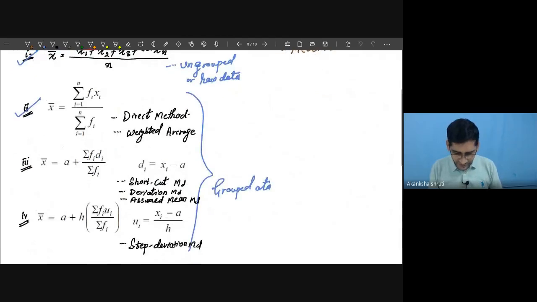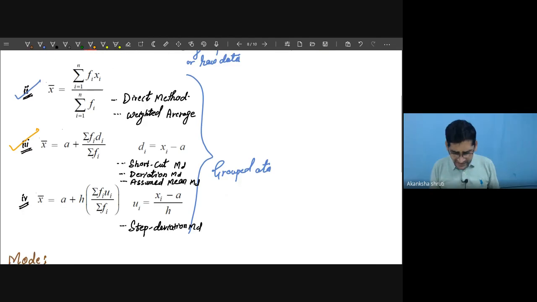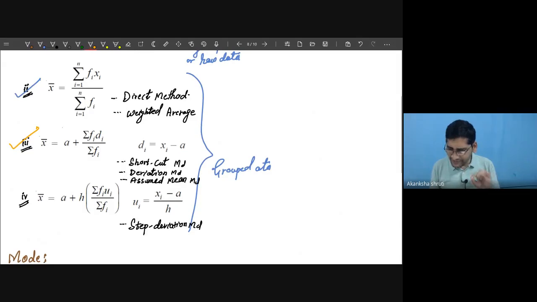Students, this way I had explained this third method. Next, the fourth method, called the step deviation method. In this fourth method, understand what we have to take care of. Very first, calculate the xi. It is the very first step for grouped data.